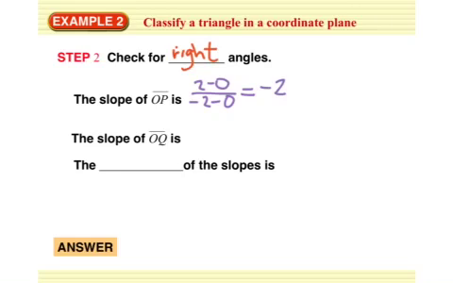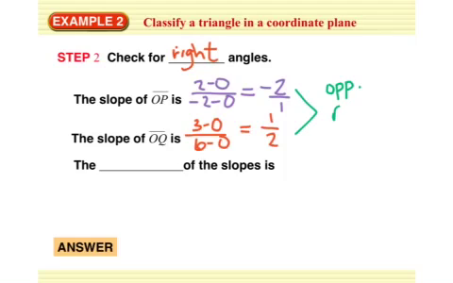The slope of OQ, if you go back and look at the picture, we would take 3 minus 0 divided by 6 minus 0, and you would get positive 1 over 2. Notice the slope of OP, which I can rewrite as negative 2 over 1, is the opposite reciprocal of positive 1 over 2. If you have opposite reciprocal slopes, we know that the lines are perpendicular.